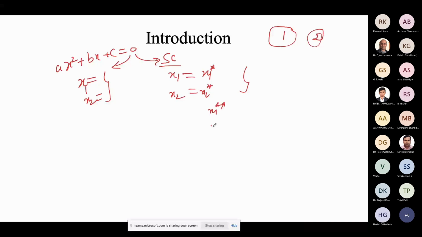X1 star, x2 star, likewise. What does it mean? It means we are getting a different value each time, right? This is soft computing, and hard computing is for fixed value, right? So this is a major difference between soft computing and hard computing. If anyone asks you, you can explain it like that, right?